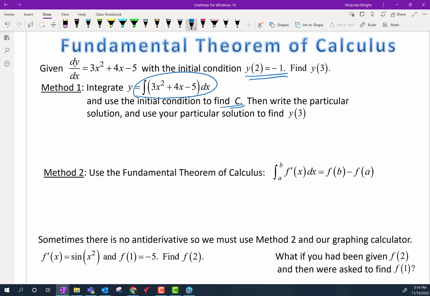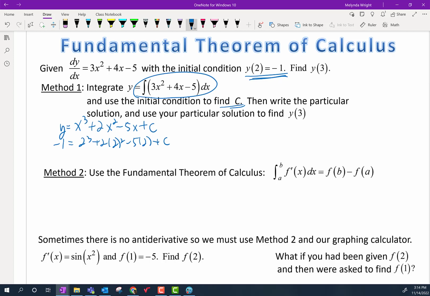So let's see, the antiderivative of 3x squared is x cubed. So I have y equals, the antiderivative of 4x is 2x squared. The antiderivative of negative 5 is negative 5x plus c. Then we would take our initial condition and plug that in, plug the 2 in, 5 times 2 plus c.